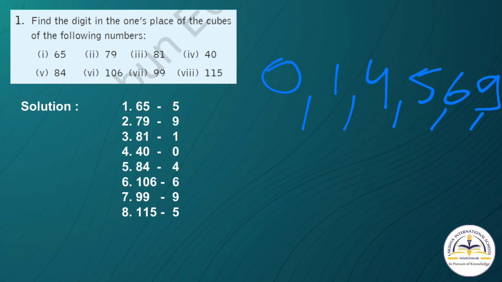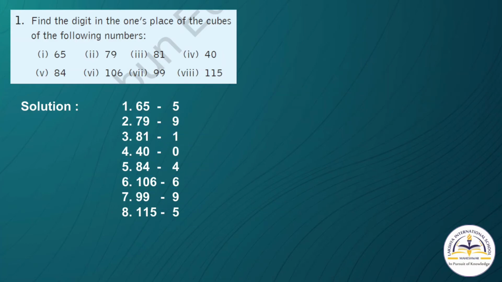So you can see 65 gives 5, 79 gives 9, 81 gives 1, 40 gives 0, 84 gives 4, 106 gives 6, 99 gives 9, 1155 gives 5. Like this you can find out.